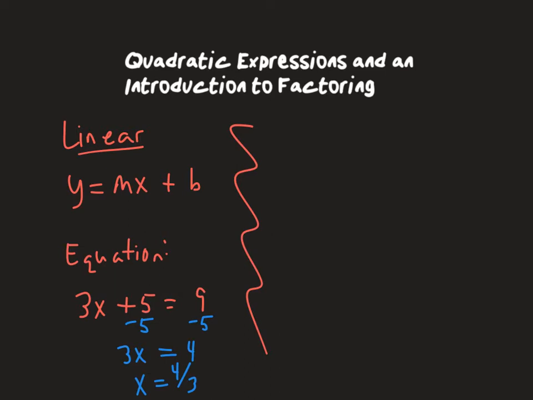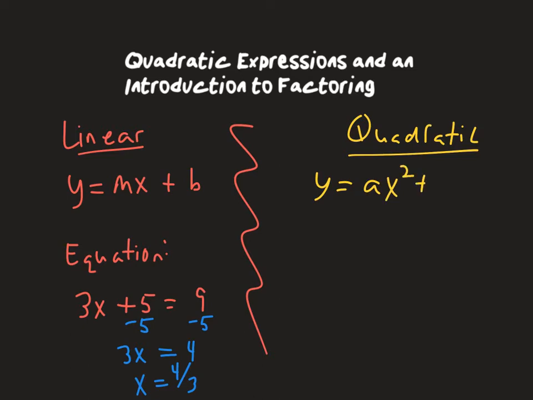Whereas quadratics, the main difference in their equation, there's a couple ways to write it, is that it's going to have x squared in there, plus bx plus c. So it can have an x squared term, and it can also have an x term as well, like linears have.